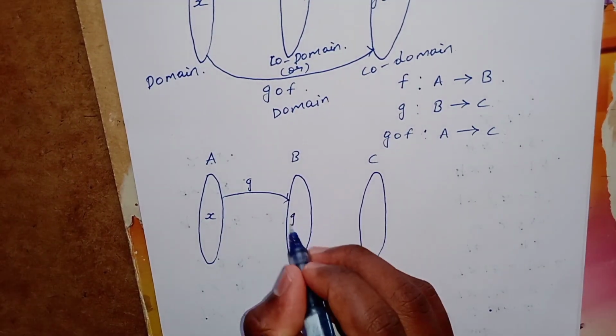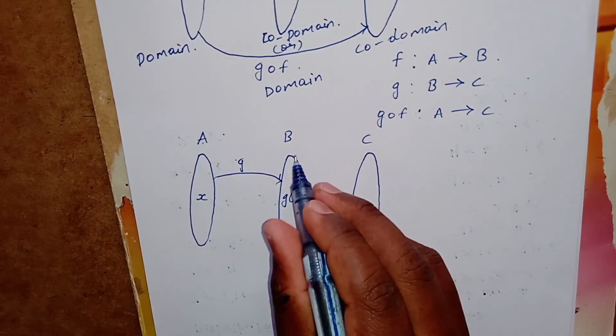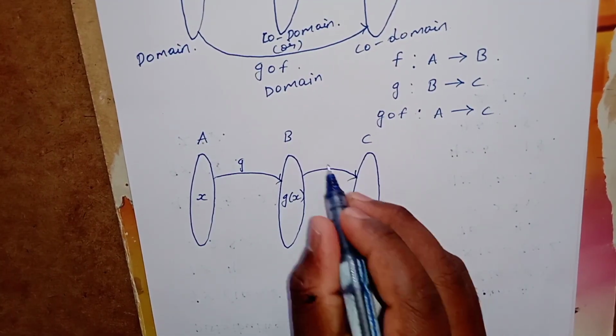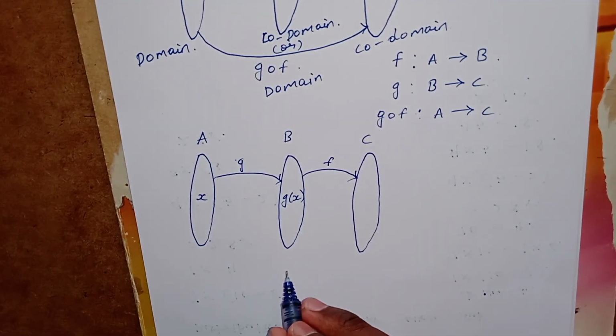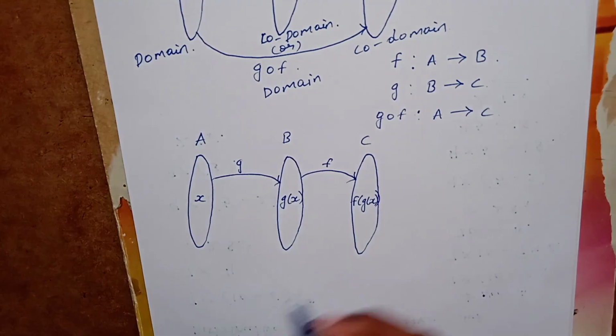Therefore g of x. Next B related to C, here it is now f. Therefore f of g of x.